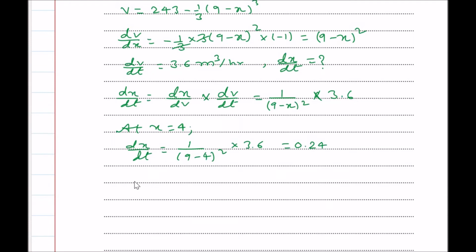dx by dt is equal to 0.24 centimeter per minute.